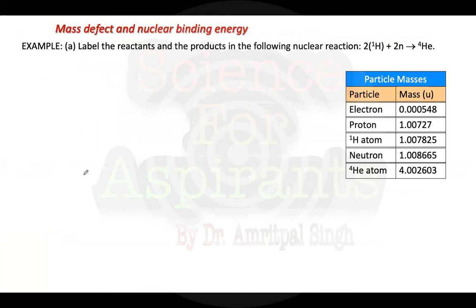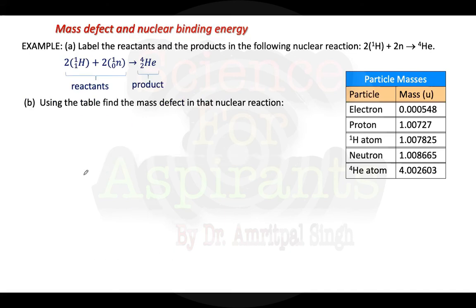So this is another example of a nuclear reaction, which will tell us about the mass defect and the binding energy for this particular reaction. So these two protons are interacting with these two neutrons, and helium is being formed. These are the reactants and these are the products.